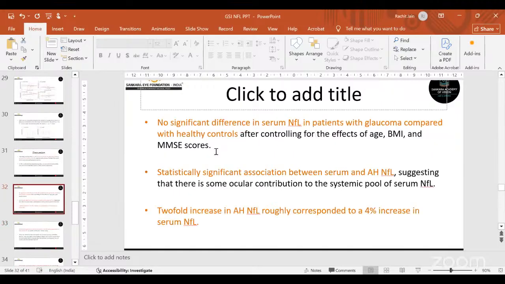There was no significant difference in serum NFL in patients with glaucoma compared to healthy controls after controlling for the effect of age, BMI, and MMSE score. The statistically significant association between serum and aqueous humor NFL suggests that there is some ocular contribution to the systemic pool, but as I have told previously, this contribution is not that much that it can be quantified.